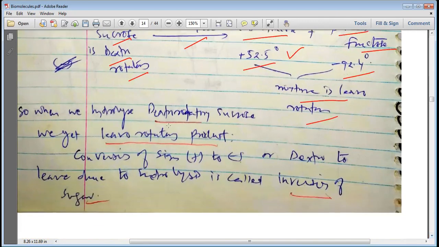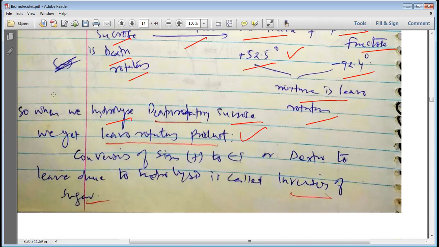So when hydrolyzed, sucrose, which is actually dextrorotatory, that is plus sign, gives a levorotatory product, because if we mix the fructose and alpha D glucose, the overall rotation becomes minus.